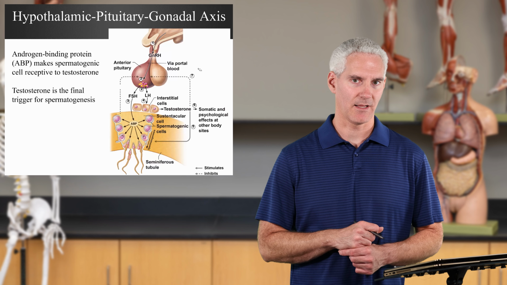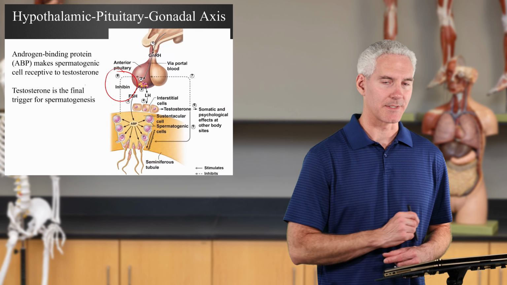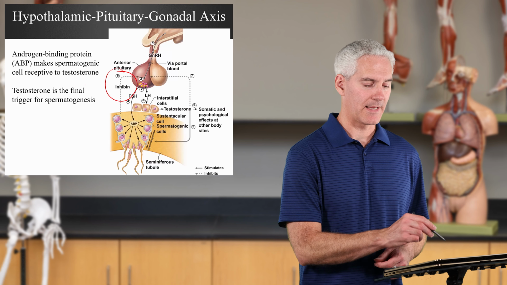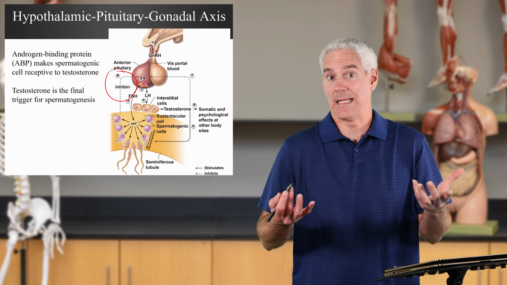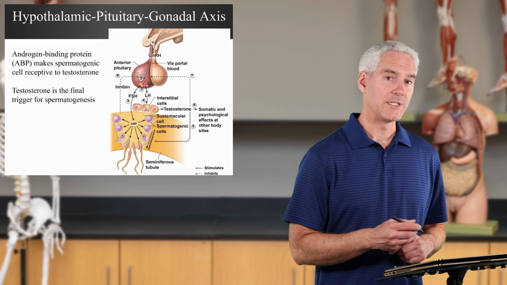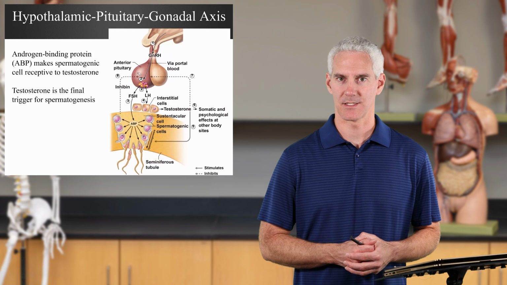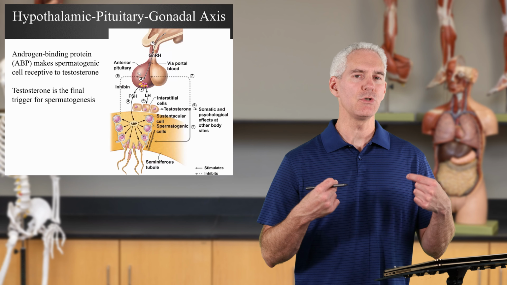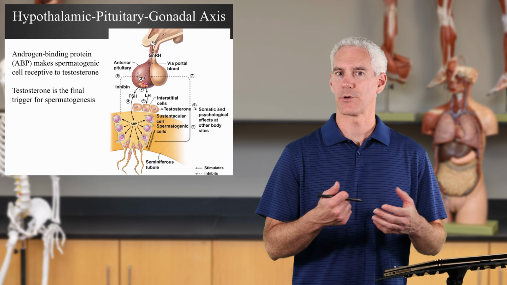Reduce FSH and LH. Also, you're going to have inhibin, which can be produced by the spermatogenic cells. Inhibin can then also inhibit FSH and LH production. By doing that, you reduce those amounts and therefore reduce spermatogenesis. So two negative feedbacks to help control the amount of production of sperm in the body.